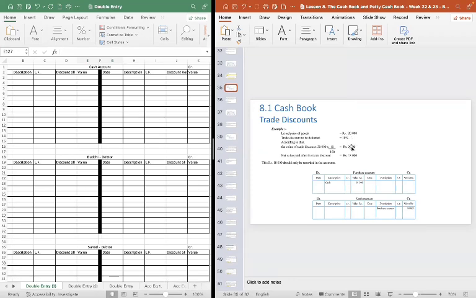Ten percent of 20,000 is 2,000, and then you account for this 18,000 straight away in your books. So in the purchases account, you are debiting 18,000, whereas in the cash account, you are crediting 18,000. So we are not accounting for that 2,000 in any case when it comes to trade discounts.